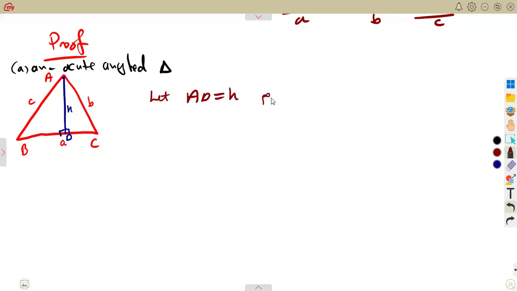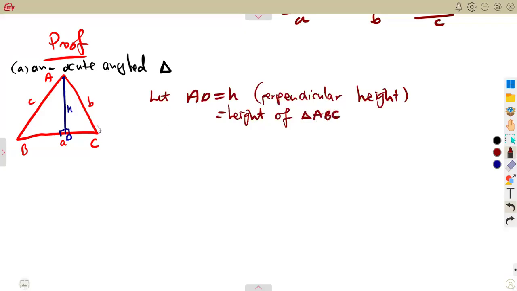This is the perpendicular height. Remember, with the perpendicular height, it meets at 90 degrees. So let us consider this h to be the height of triangle ABC, which is having the base of BC.